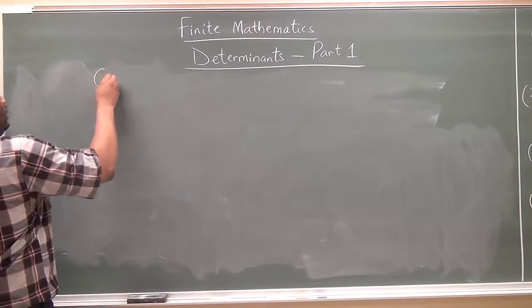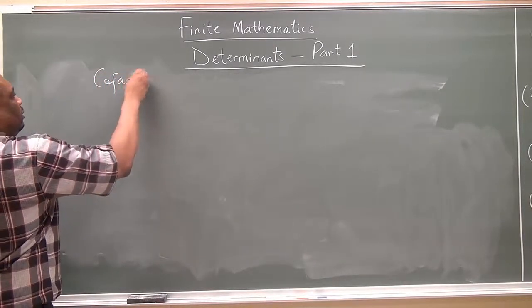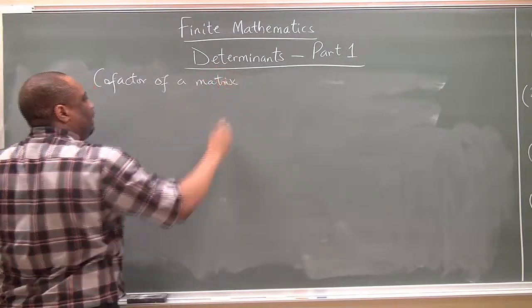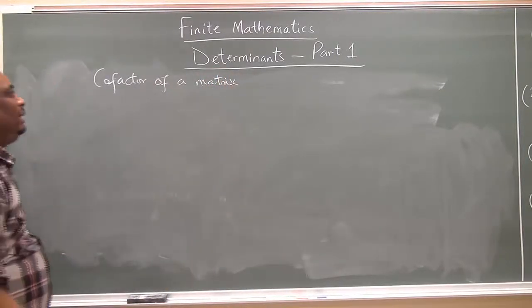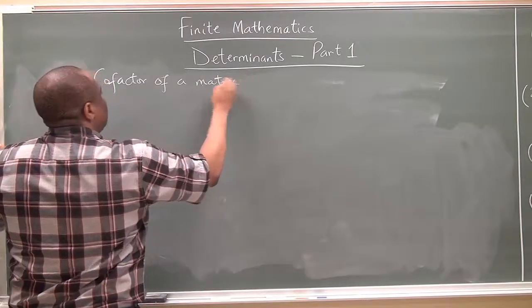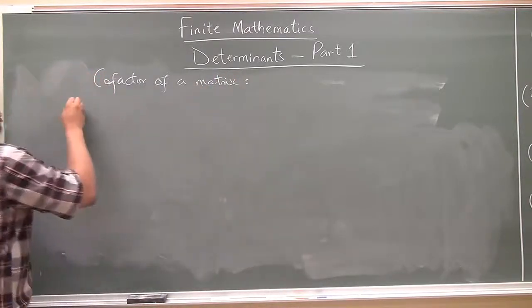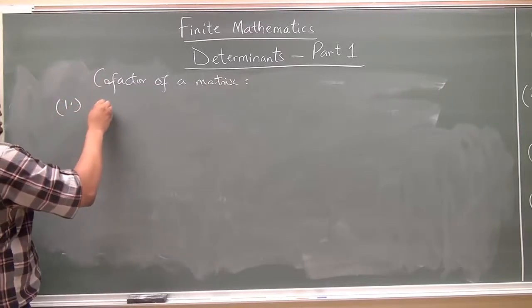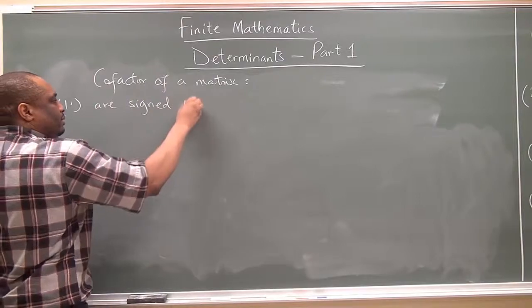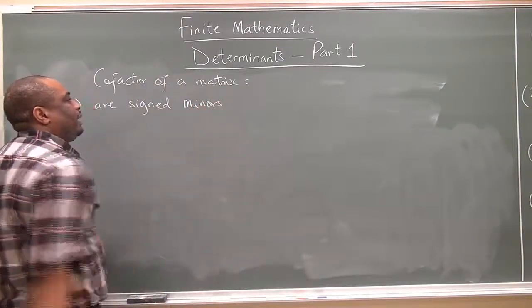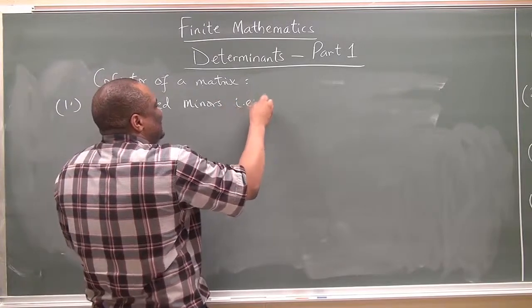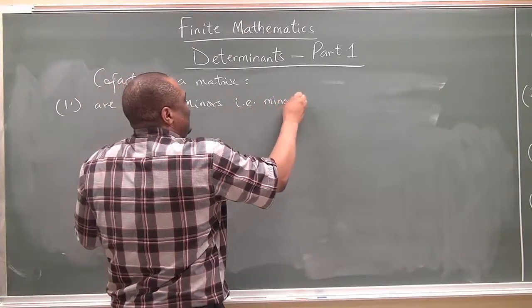First of all, a cofactor of a matrix is usually denoted, number one, with a sign, minus with signs.